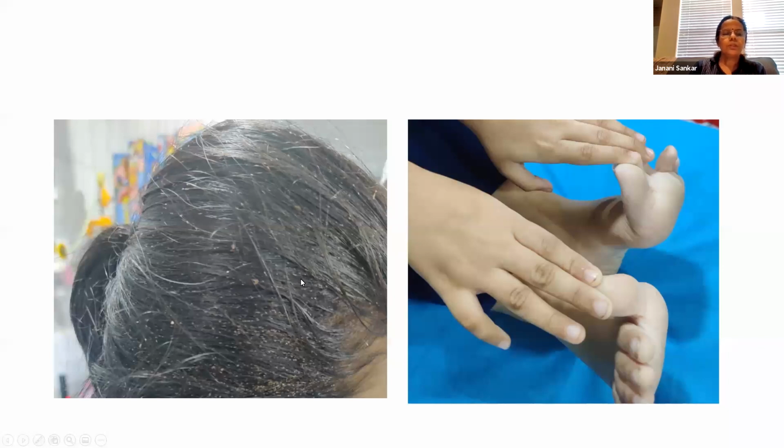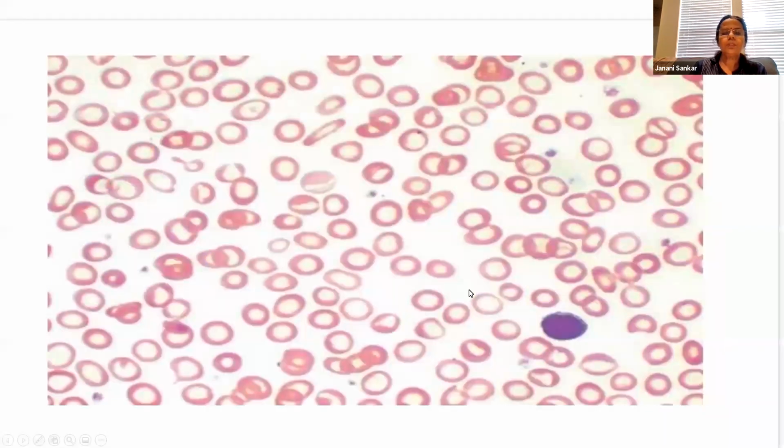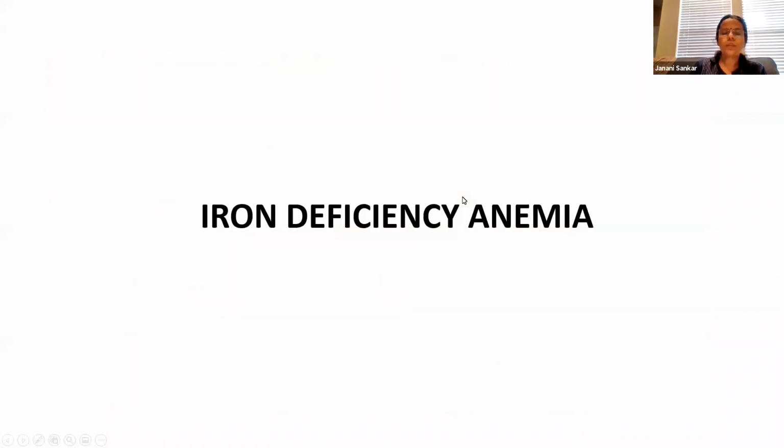So this was really bad, and we immediately got the diagnosis. We did not order any further investigations. We knew that it was iron deficiency anemia. This was the smear picture, which confirmed our diagnosis, with typical microcytic hypochromic anisocytosis. And the diagnosis was iron deficiency anemia, secondary to intense lice infestation.